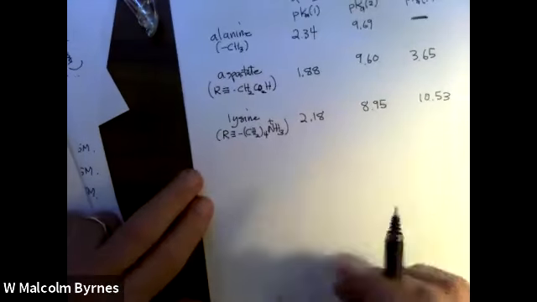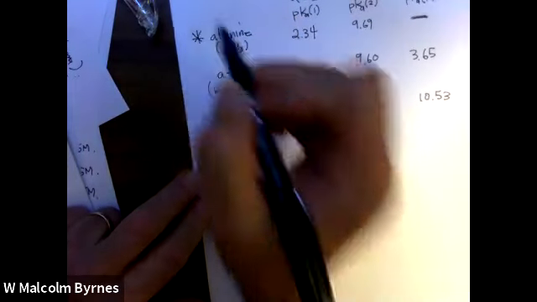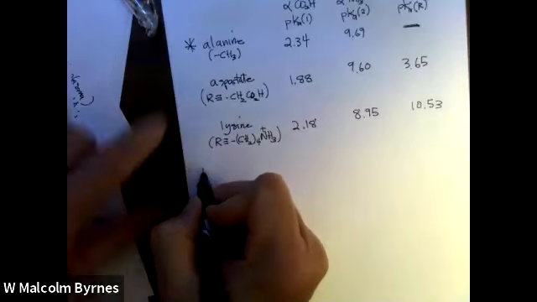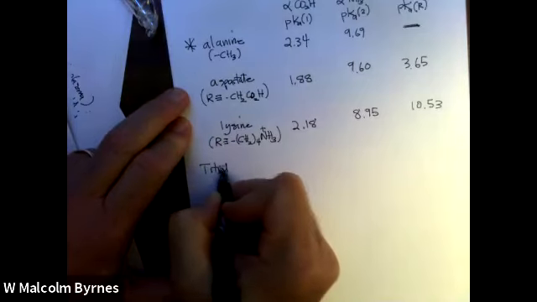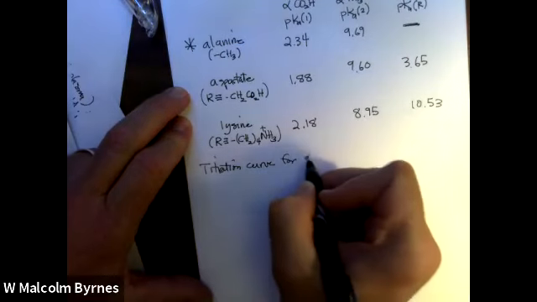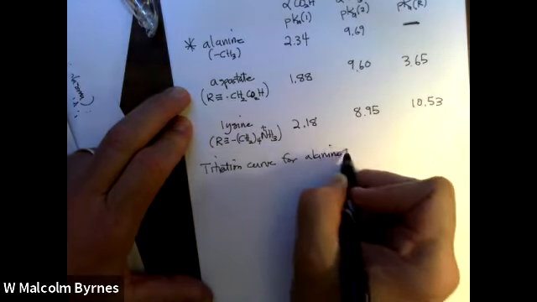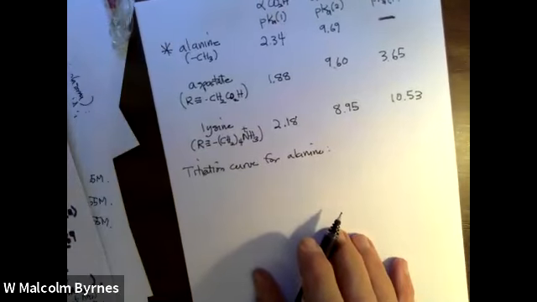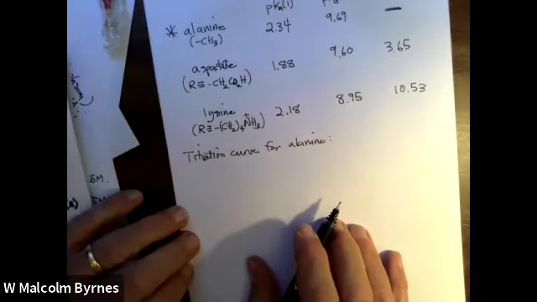Now, let's look at the titration curve for alanine. First, let's consider what happens to alanine when it's titrated.